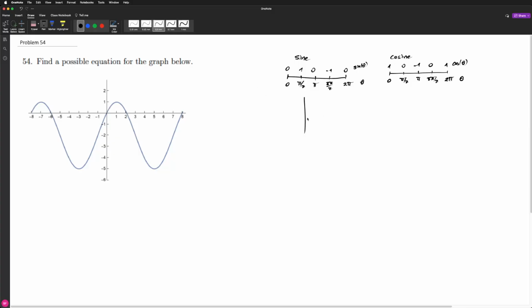For the graph itself, it looks like that, and those are the 5 points you mark on the graph. If you have those 5 points, you can draw the graph.